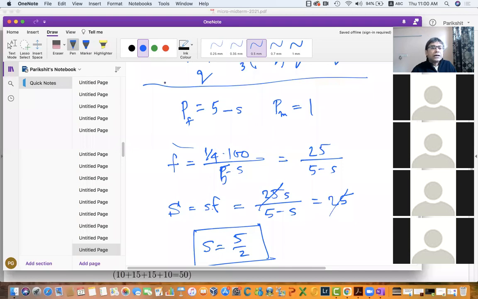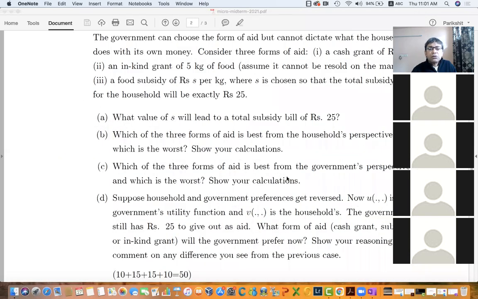The question says that the household will choose what is in its own interest. The government cannot force the choices of the household directly. The government cannot say this is how much food you have to buy, this is how many movies you have to buy. The government can try to influence their choices through its form of aid, but it cannot directly do so.